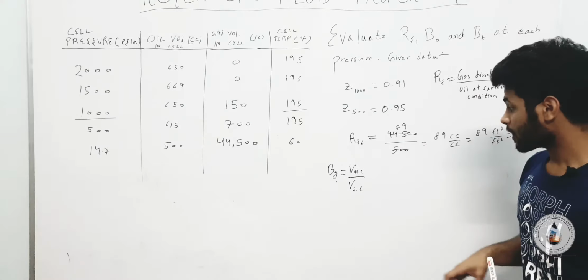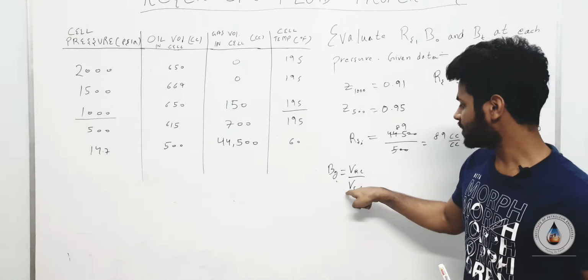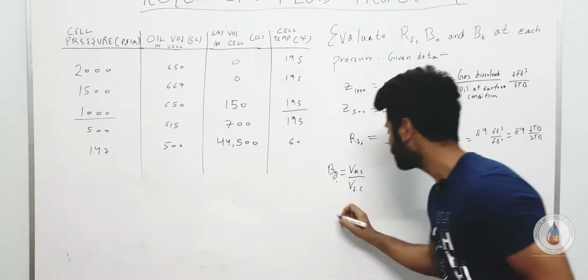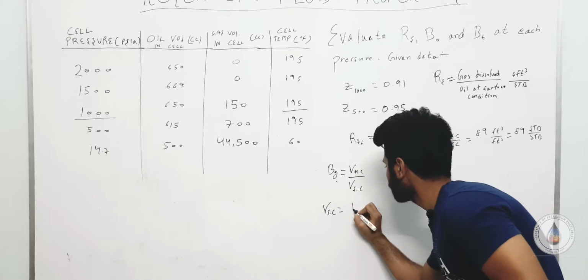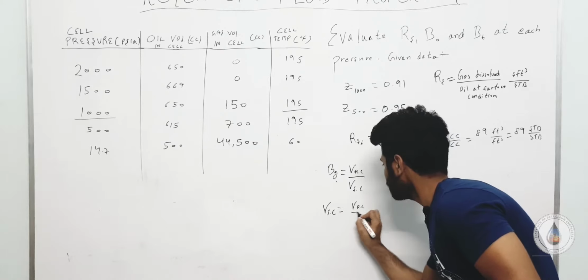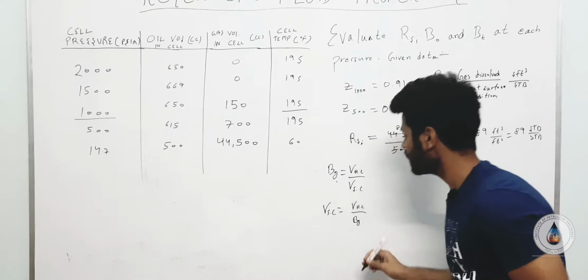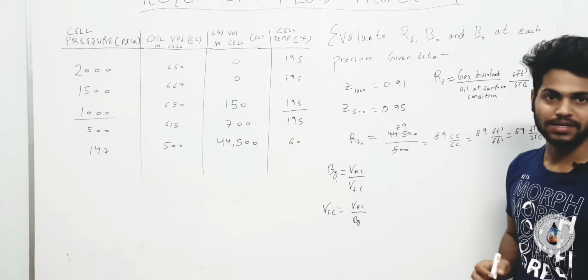So to calculate the volume at my surface condition, I'll simply do volume at reservoir condition upon Bg at that particular reservoir condition value.